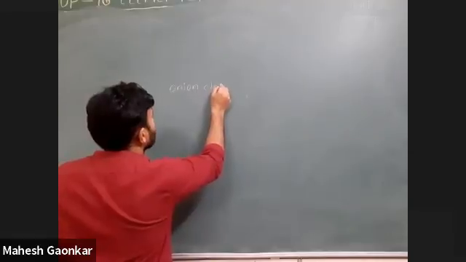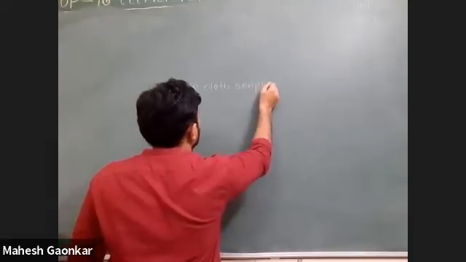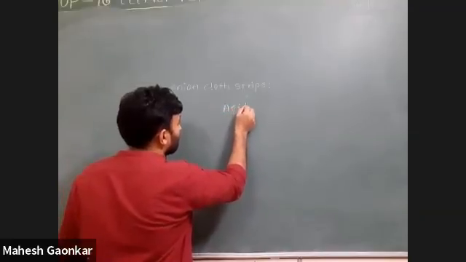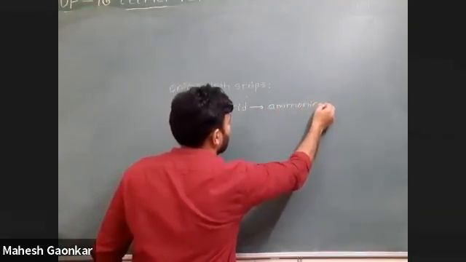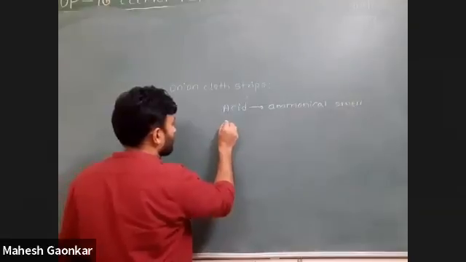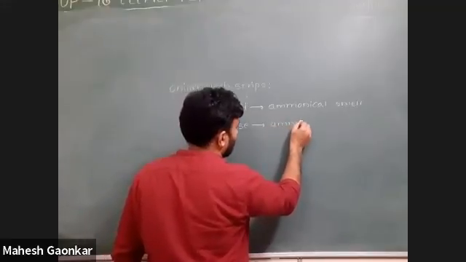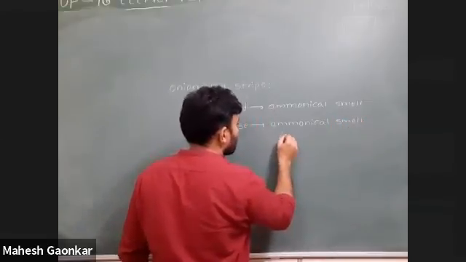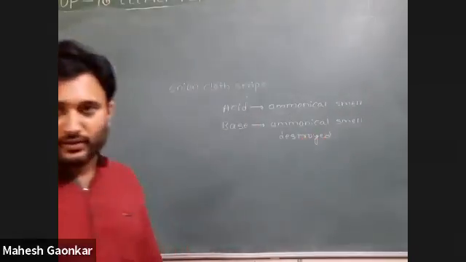Onion clove: in acidic medium, ammonical smell; in basic medium, ammonical smell destroyed. The ammonical smell will not be there, ammonical smell destroyed.